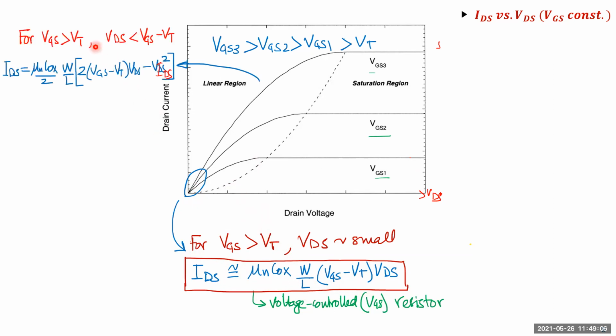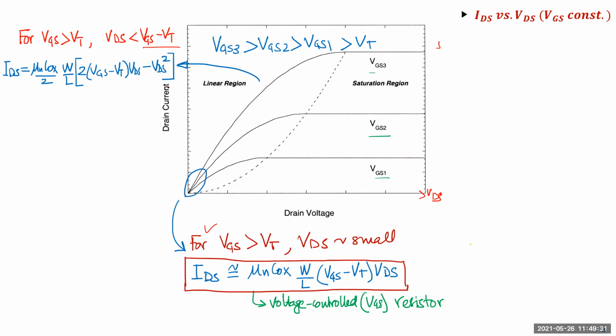Now, if you go to the region where VGS is greater than VT, the channel is still formed, but VDS is less than VGS minus VT, which is the case here also. But now you're going from a small value to less than the VGS minus VT value.